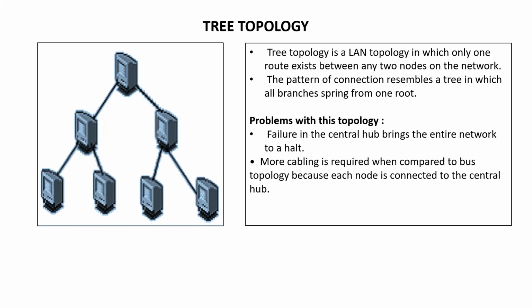Here again, one central node is there and the different nodes or components are connected to this node. Every node in this topology is connected to one of the upper level in the hierarchy. So this is the tree topology.